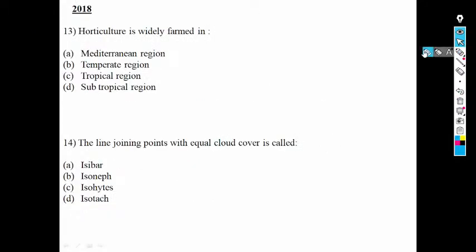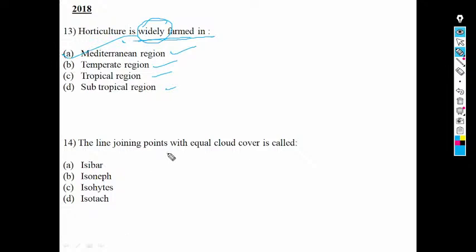Horticulture is widely farmed in the Mediterranean region, temperate region, tropical and subtropical. Horticulture is basically found in the Mediterranean region.